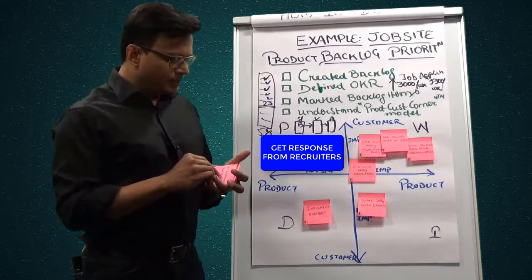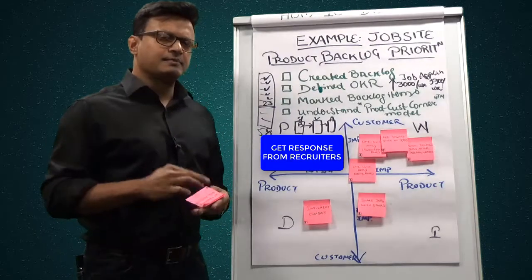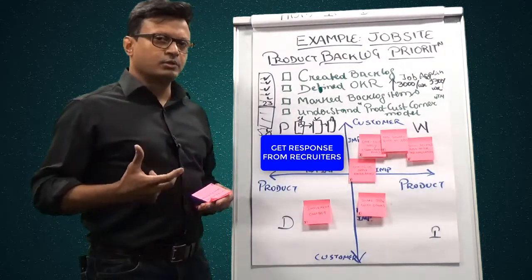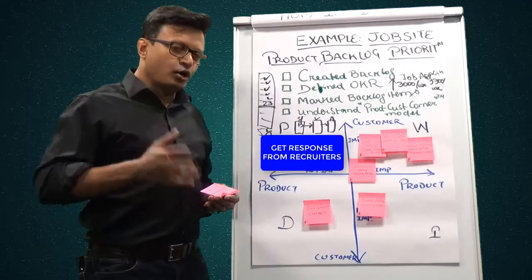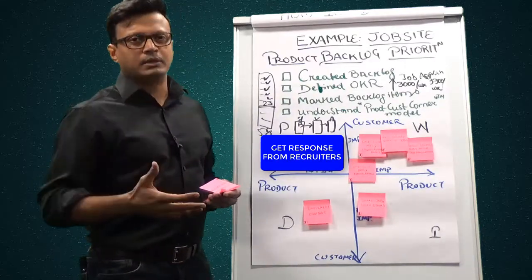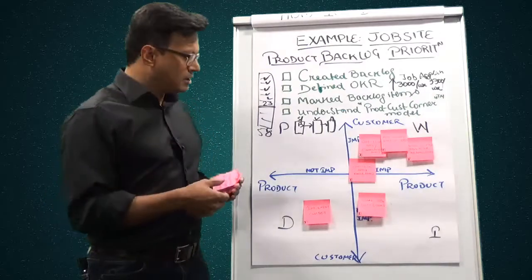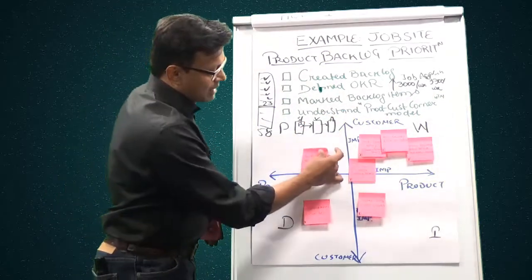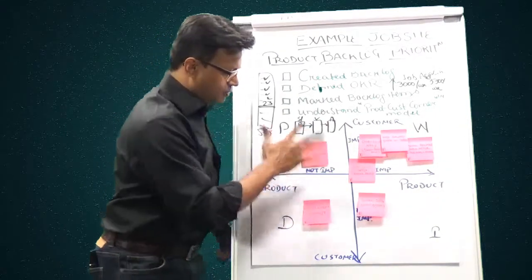Now this is very important for the customer, but from a product perspective, it's very difficult to implement that, to get that feedback from all the recruiters for all the job applicants. It's not at the moment aligned with the vision of the product, that we want to build the product in that direction. So I will say that yes, it is important for the customer, but not that important for the product. So I'll put it over here in the pleaser quadrant.